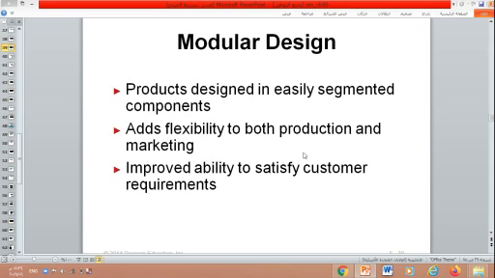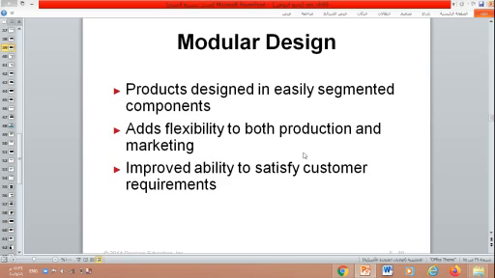While in the marketing department, modular design adds flexibility to the way customers can be satisfied, because they are subdividing the system or product into components or modules.